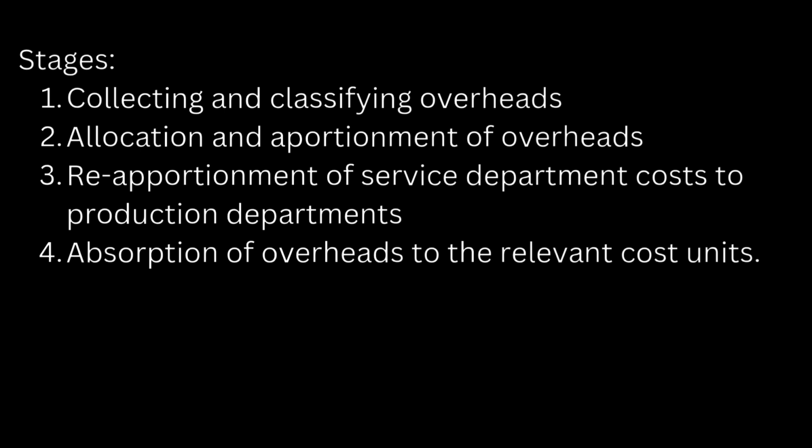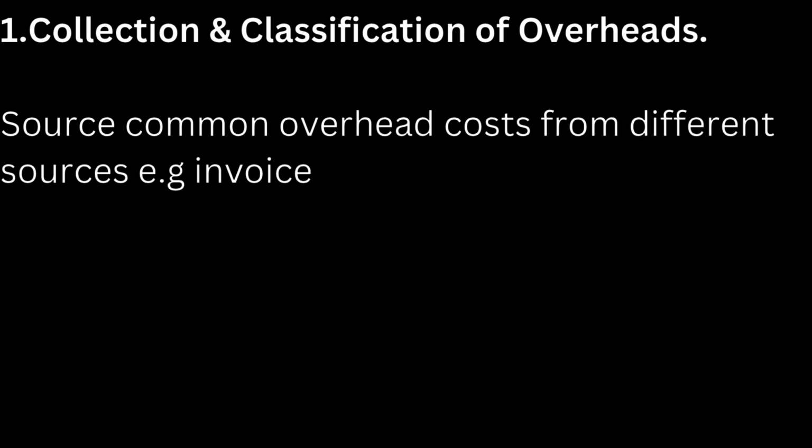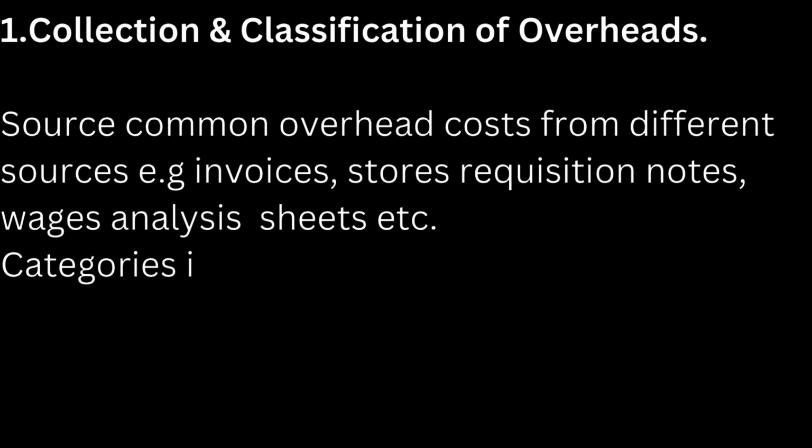Let's go back to the first stage, which is collection and classification of overheads. When you're collecting and classifying overheads, you have to source or gather common overhead costs from different sources, and these sources can be invoices, stores requisition notes, wages analysis sheets, and so on.